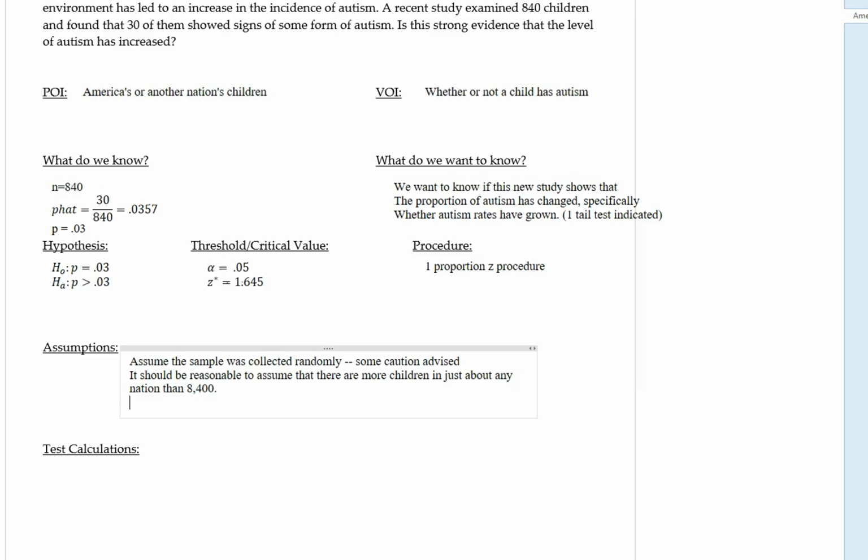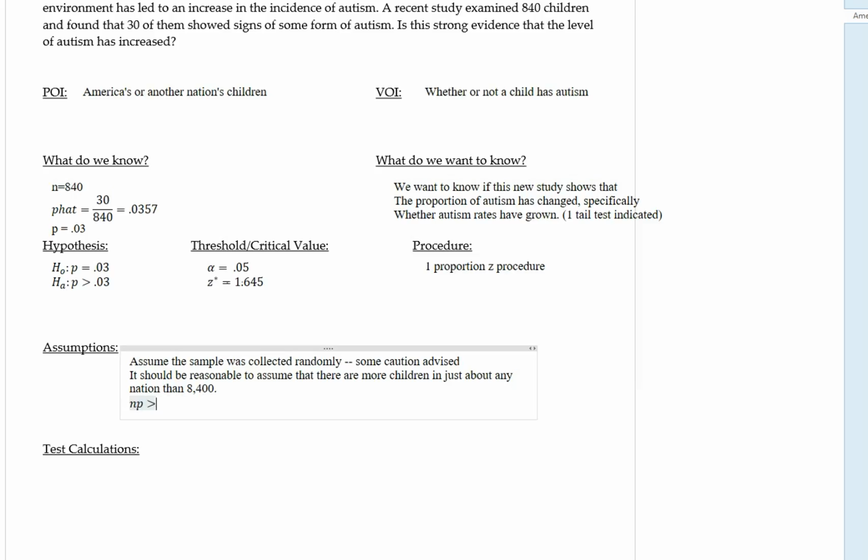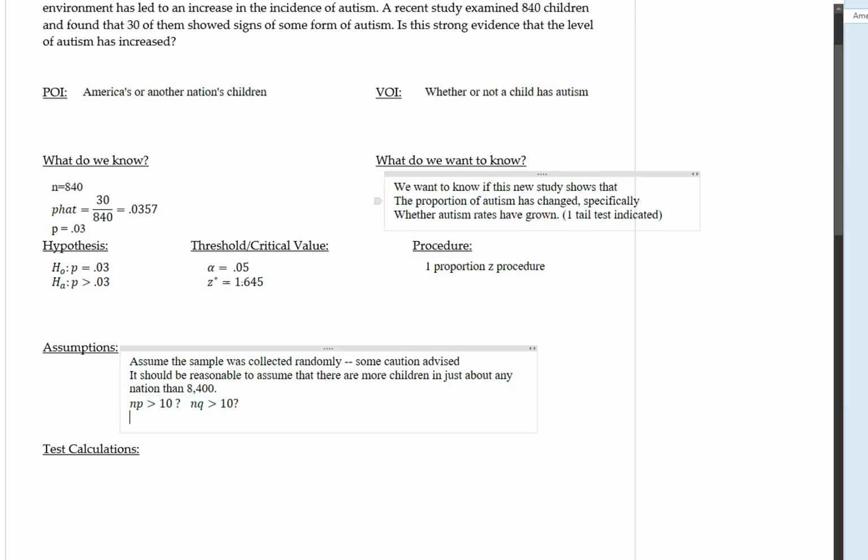The other thing we need to do is check our normality assumption, which is the fact that np is greater than 10. Is that true? And we also, of course, need to check that nq is greater than 10. Is that true? np in this case, let's go back and look at our knowns. We got 840 times p, which is 3%.